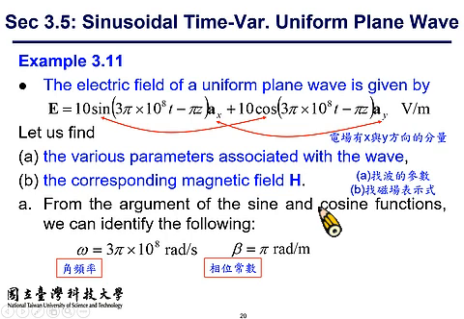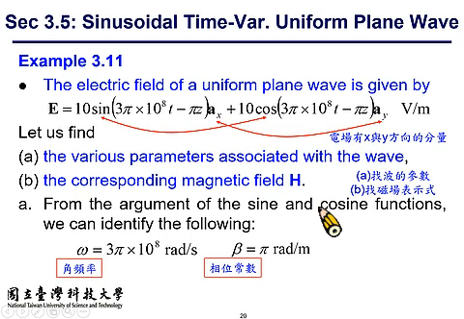What is the variable within the sinusoidal function? It is 0 for the two cases. And sine 0 is what? 0, yeah. Sine 0 is 0, cosine 0 is 1. So at a position z equal to 0 and at the time instance t equal to 0, you have only Y components.